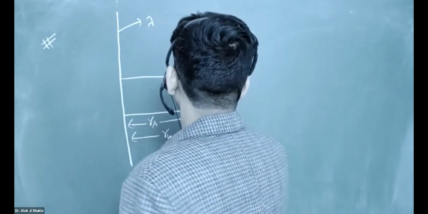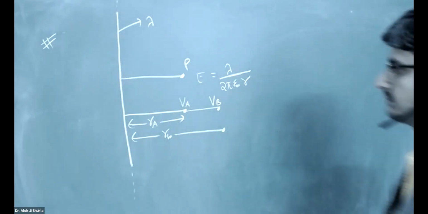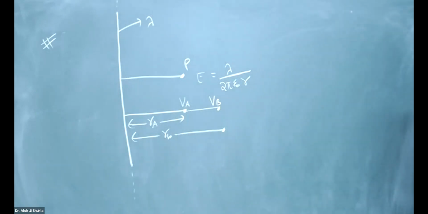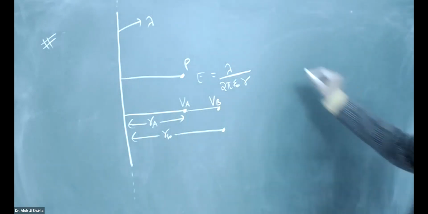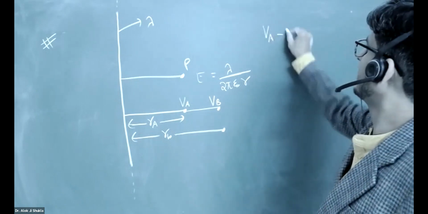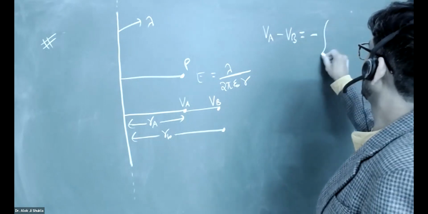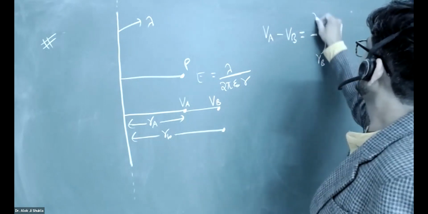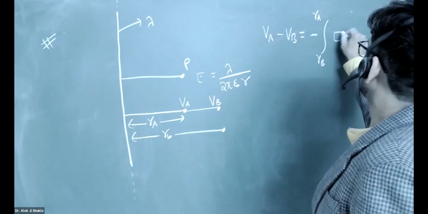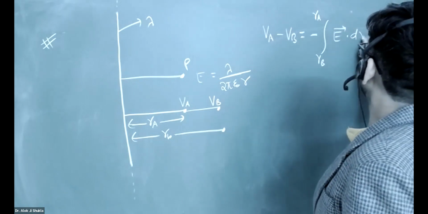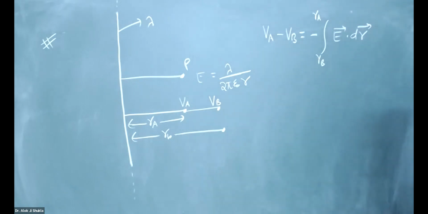Okay? You want to calculate potential difference between these 2 points. So how you will write? VA minus VB. याद है formula? Minus integral RB to RA E bar dot dr. This is the potential difference.